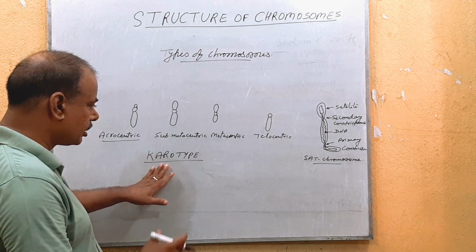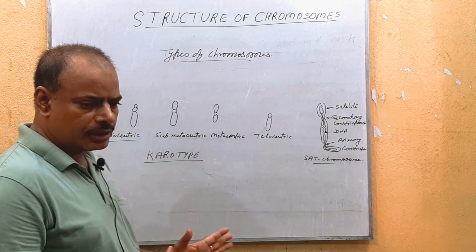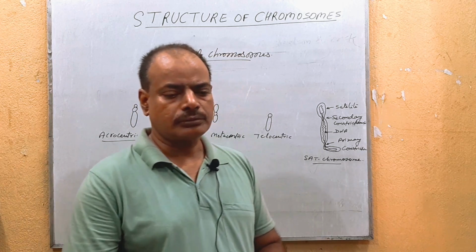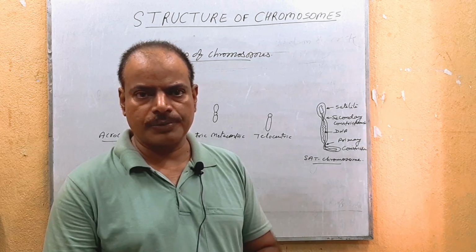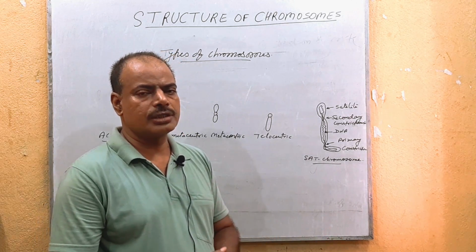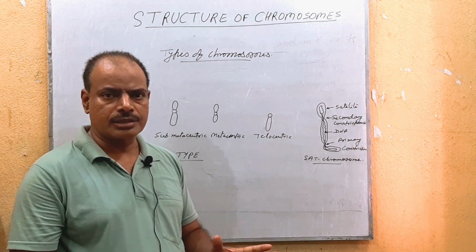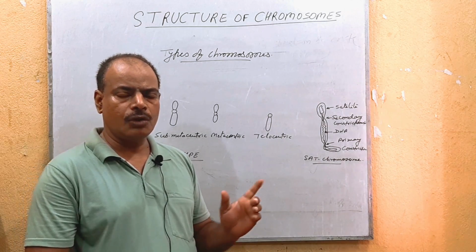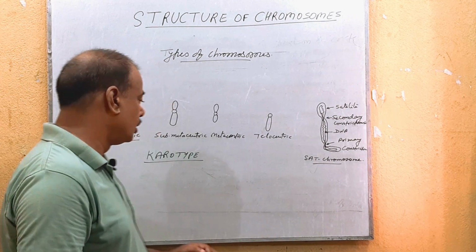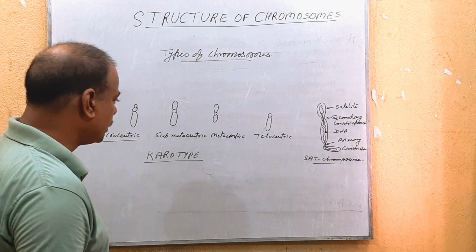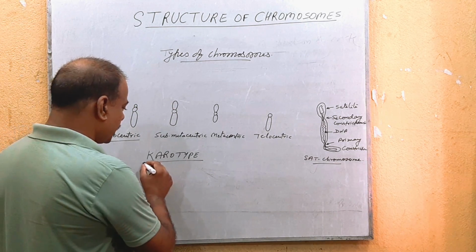As you know, in a human cell 46 chromosomes are found, meaning 23 pairs. All these 23 pairs of chromosomes are arranged artificially on the basis of similar shape and size. So it is the artificial arrangement of chromosomes, the karyotype.